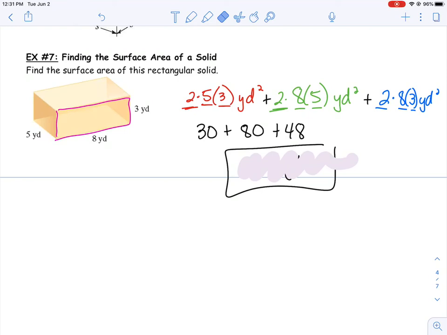And so we have the left and the right side being 30 square yards, the top and bottom being 80 square yards, and then the front and back being 48 square yards. If I have all of that wrapping paper added together, I know that I need a total of 158 square yards of surface area of wrapping paper.